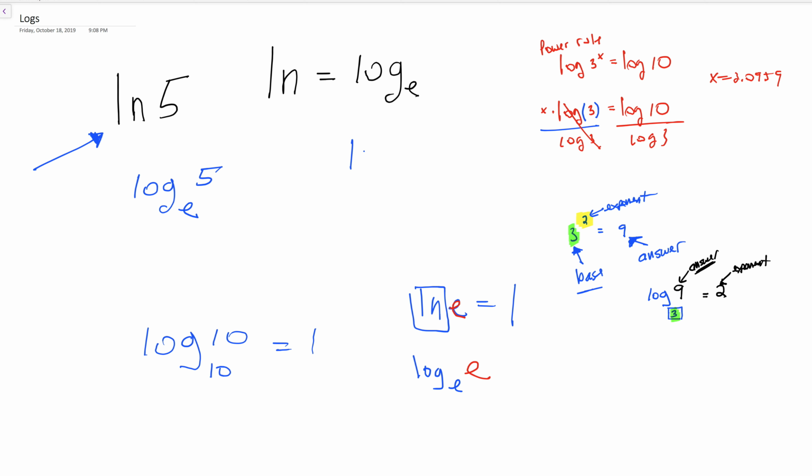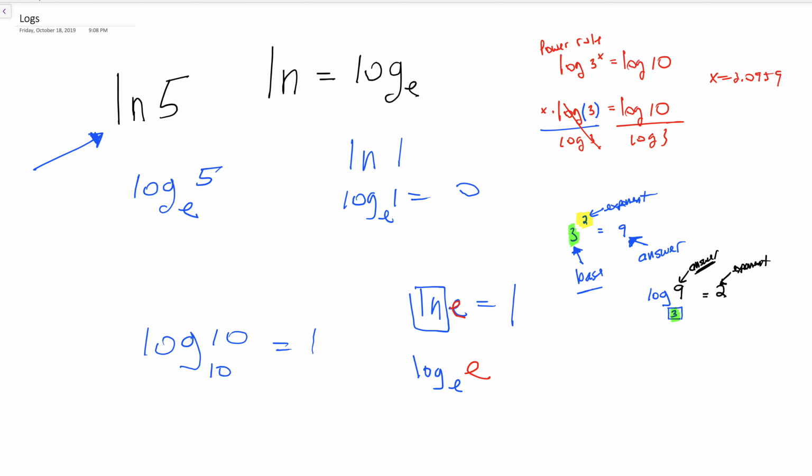Now ln of 1, let's think about this for a second. ln of 1 totally confuses me. Rewriting it, log base e of 1, what? Yeah, it's 0. e to the power of 0 is 1. That's right. Anything to the power of 0 is 1.